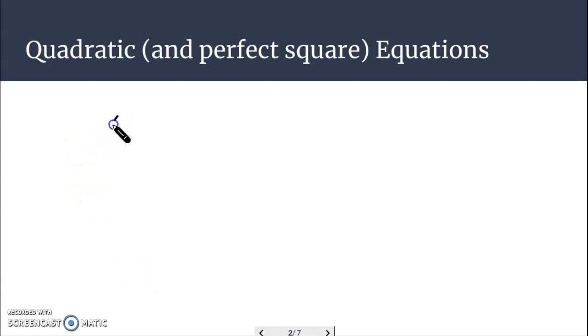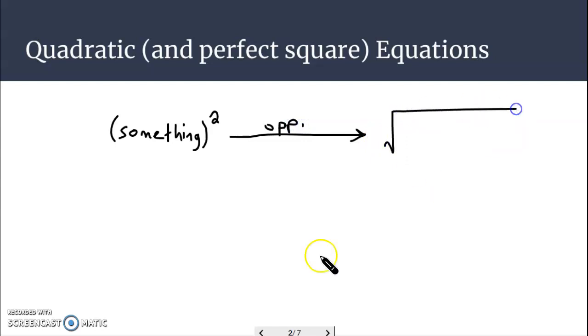Now, we first start out by saying if you have any term squared, so a variable, a number, or any combination thereof, any kind of term, if you square it, the way to undo something squared, or say the opposite, is to take the square root.